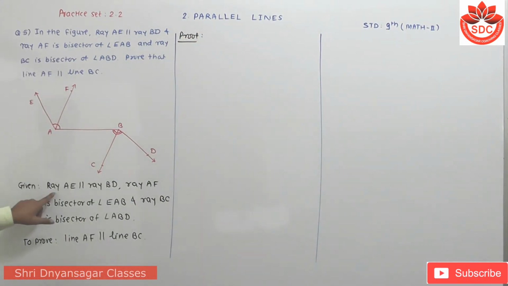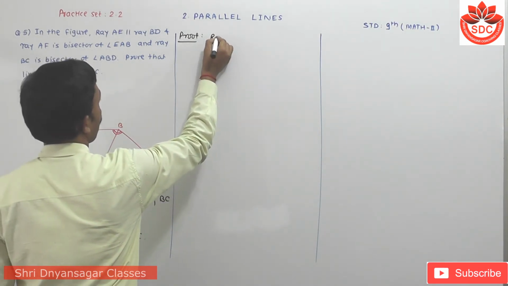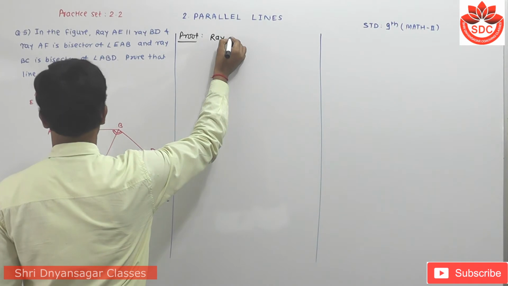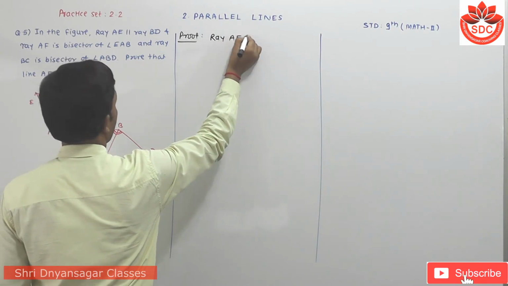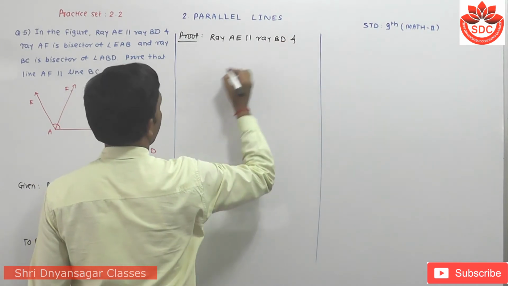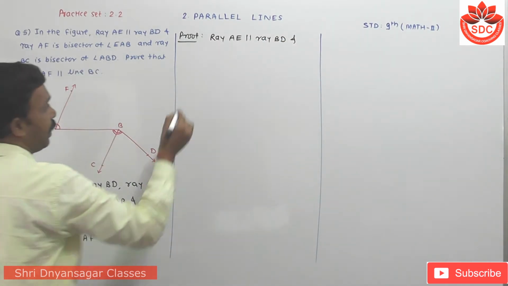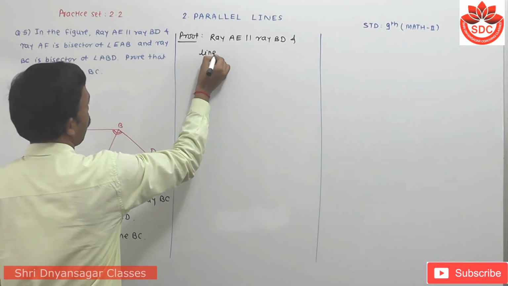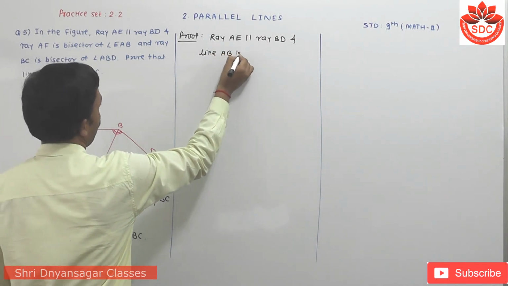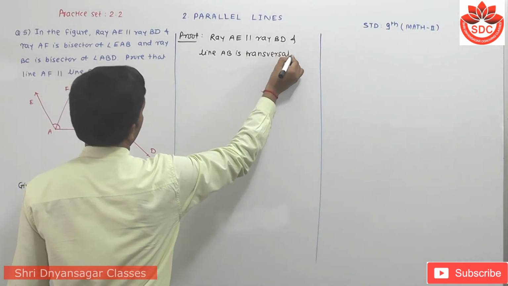Now look here. First I have to take this. Ray AE is parallel with ray BD and line AB is transversal.